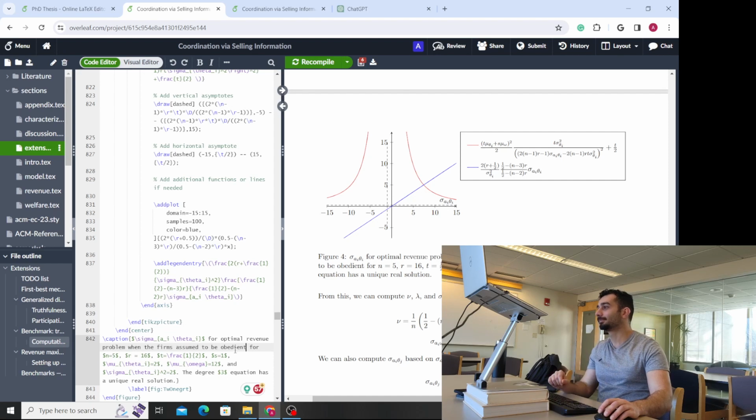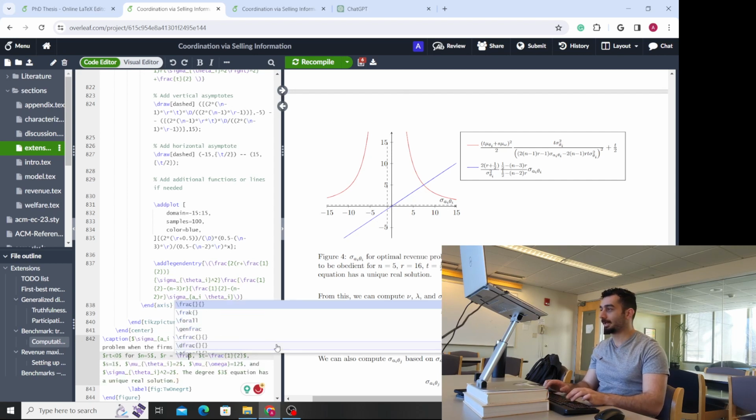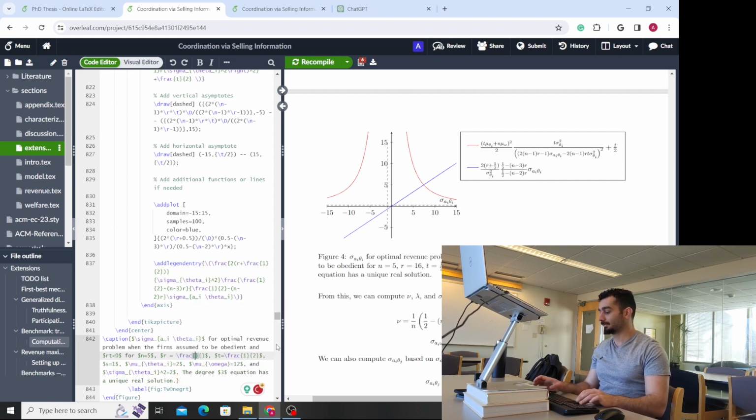Why is R 16? It's 1 over 16, fraction minus 1.